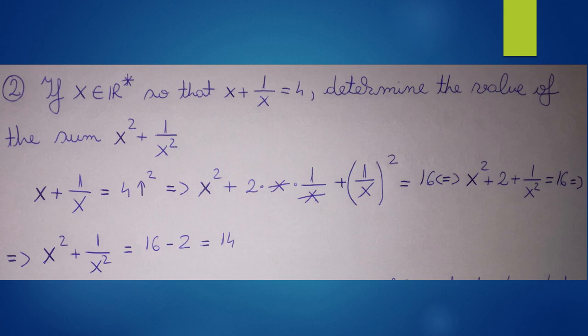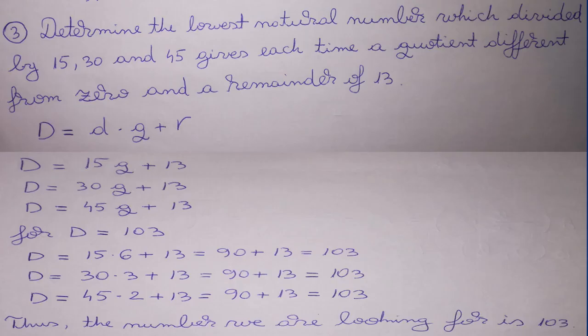This gives x squared plus 2 times x times 1 over x plus 1 over x squared equals 16. Which is equivalent to x squared plus 2 plus 1 over x squared equals 16. So x squared plus 1 over x squared is equal to 16 minus 2, which is equal to 14.